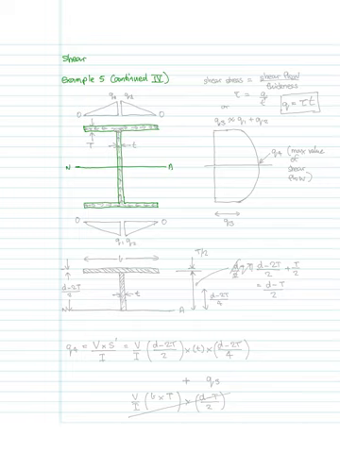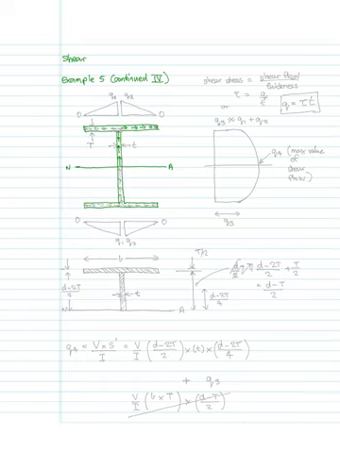And then we're going to be talking about this concept called shear flow. So that's going to be the neutral axis of the section. And as we know, there are going to be shear stresses flowing up the web, which are going to be resisting our shear force.